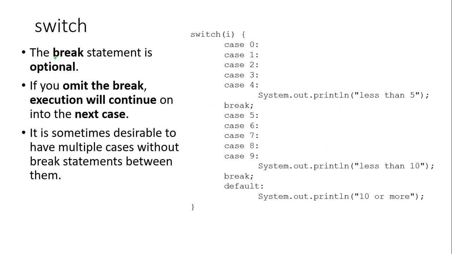So if you don't put the break, then what happens is when there is a match, the control will simply go to the next, and as long as the break is not encountered, it's going to go in the sequential order, and once the break is encountered, it will just simply come out of the switch statement.